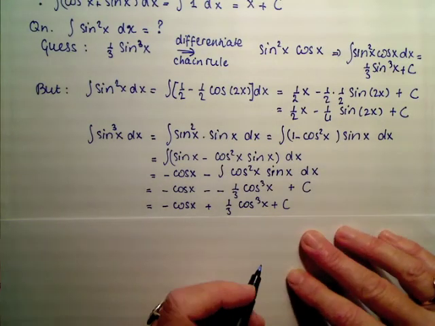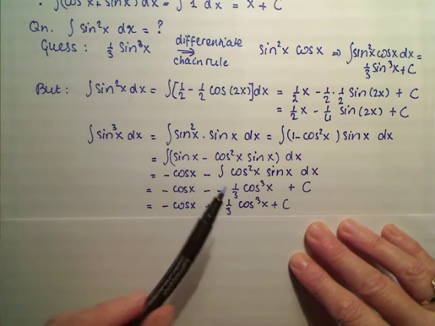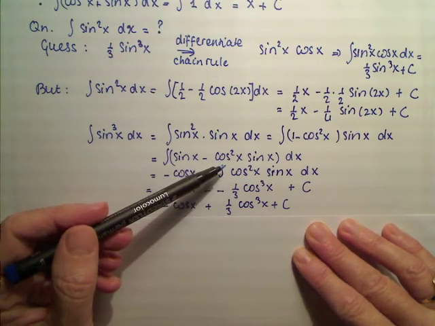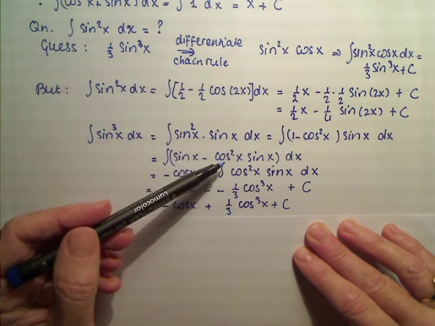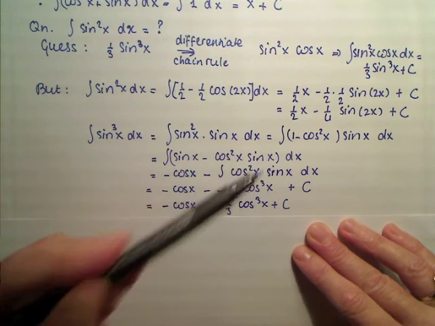Now, note that what we did in here was again applying a sort of anti-chain rule in calculating the primitive of cosine of x squared times sine of x.